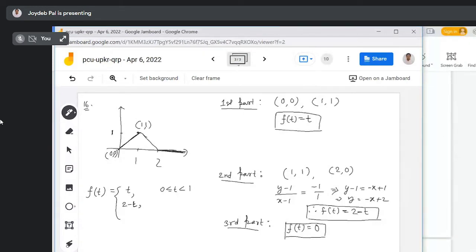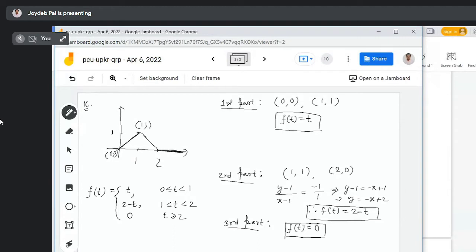What is the domain for that case? 1 to 2. And the last part, 2 to infinity, the value f(t) is 0, meaning t greater than or equal to 2.